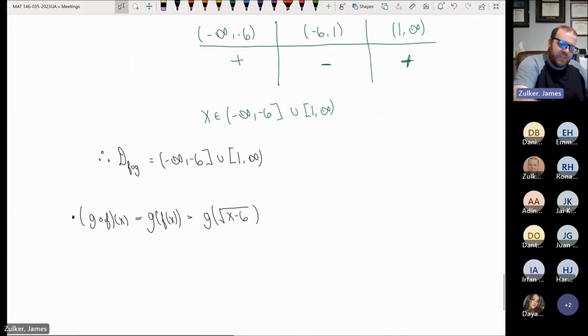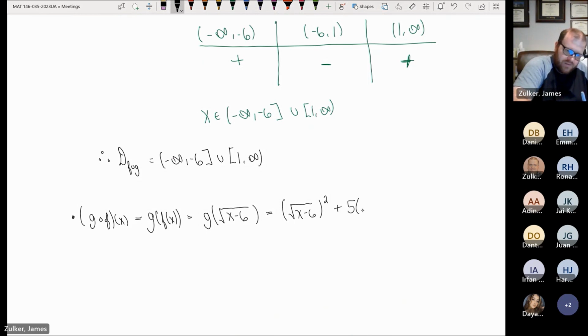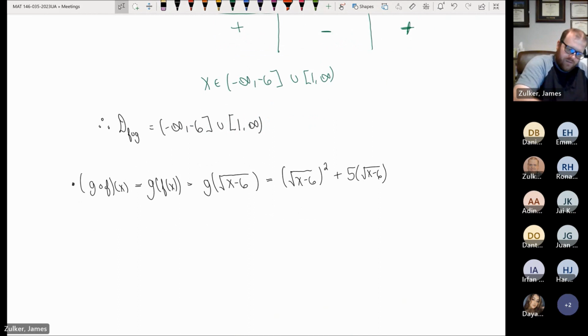That means that everywhere we see an x in the definition of g, we're replacing it with the square root of x minus 6. Square root of x minus 6, all squared, is what?